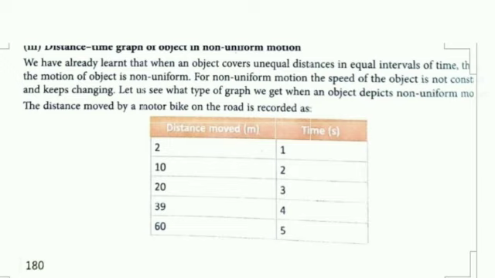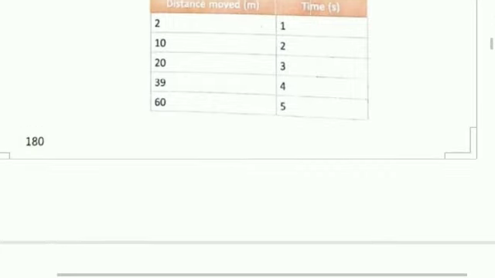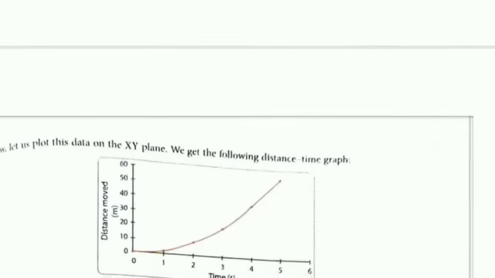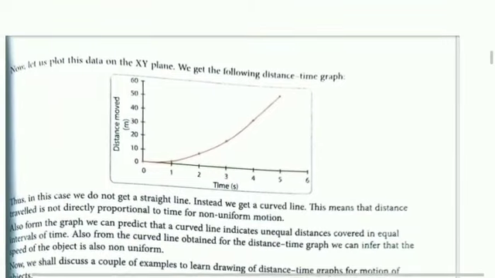The distance moved by a motorbike on the road is recorded as distance moved in meters: 2, 10, 20, 39, 60. But the time is equally changing: 1, 2, 3, 4, 5 seconds. So what will be the graph? The graph will be a curved line.